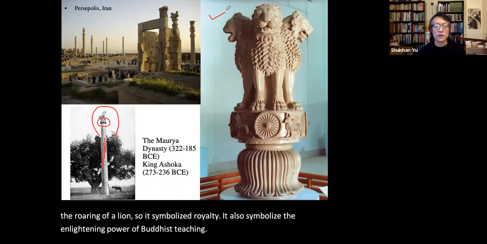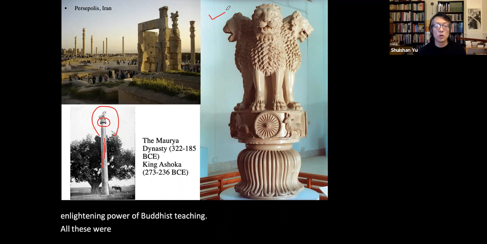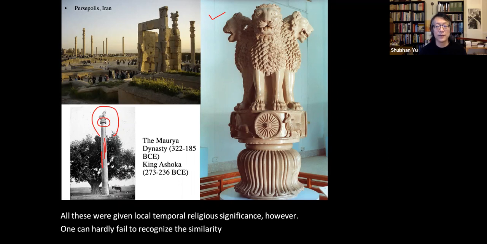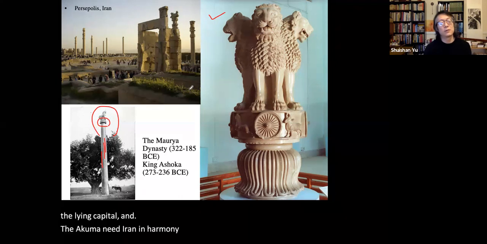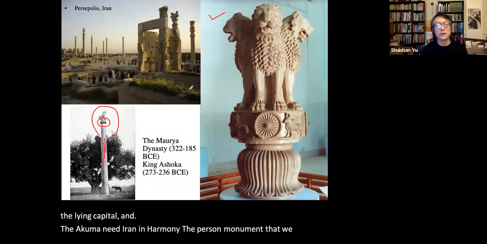Well, all these were given local, temporal, religious significance. However, one can hardly fail to recognize the similarity between the Ashoka column, the lion capital, and the Achaemenid Iranian Persian monument that we have studied in the Mesopotamian lecture.